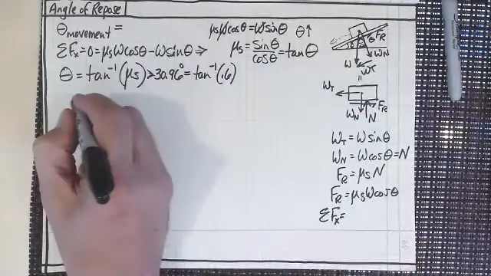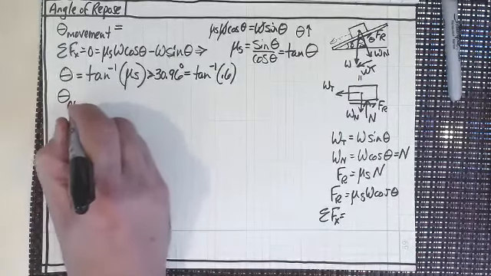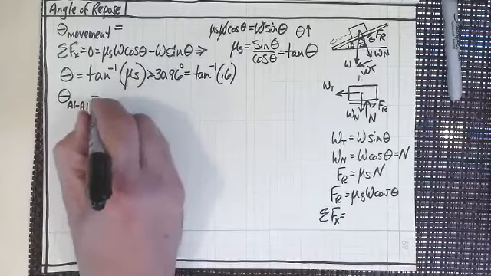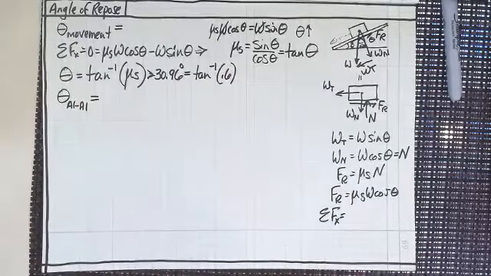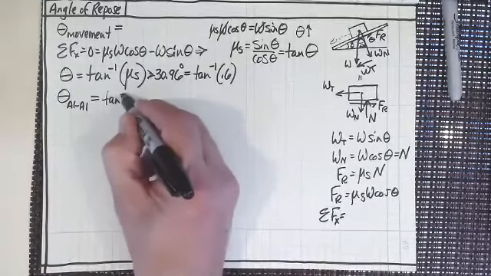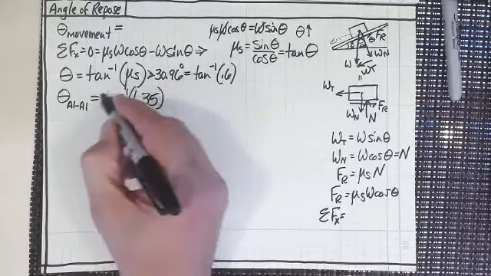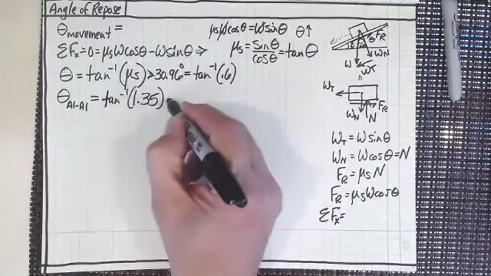Now, what would be the angle of repose for aluminum on aluminum? You have to go back to my last lecture in your notes to look at that, but that would be the inverse tangent of 1.35. And what was I saying?